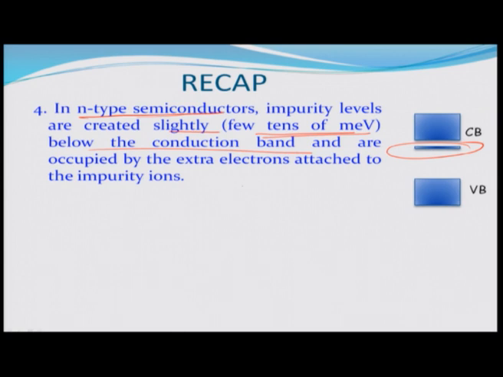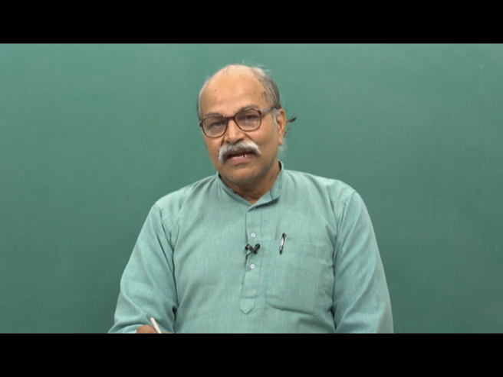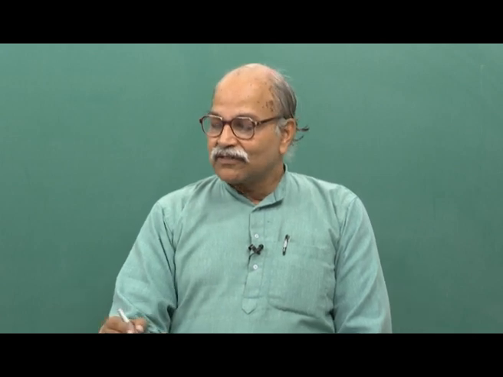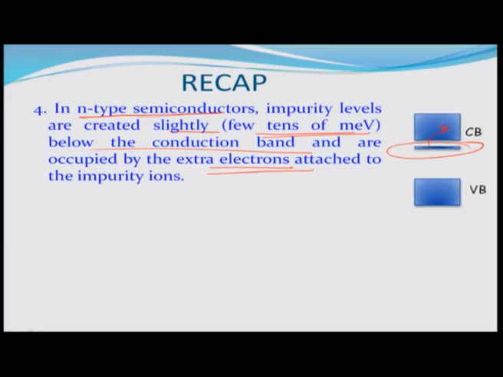Then these levels are occupied by those extra electrons which are brought by the impurity atoms, and they fill these levels, and then from here the electrons jump to the conduction band, and that is how you get Ne much larger than NH.